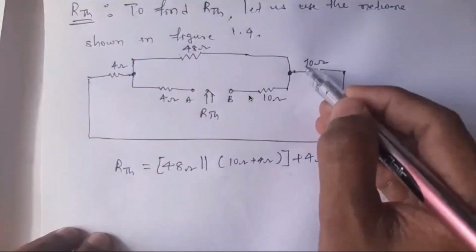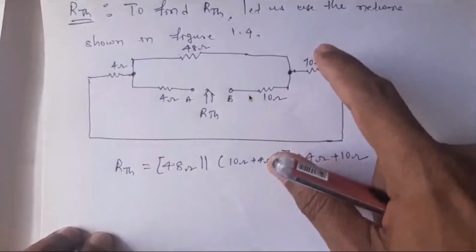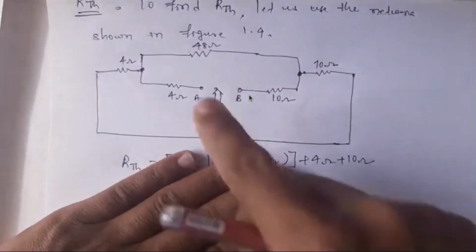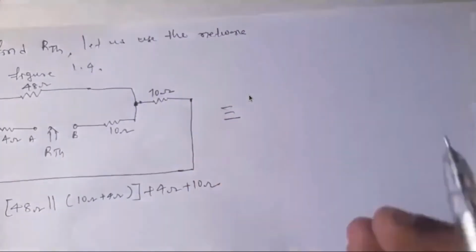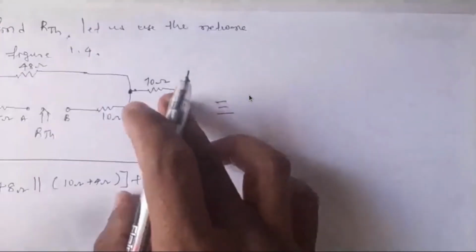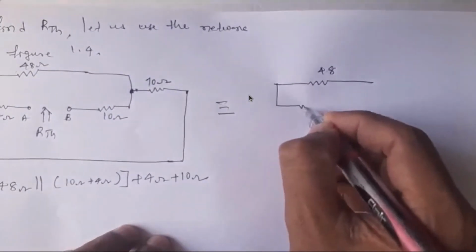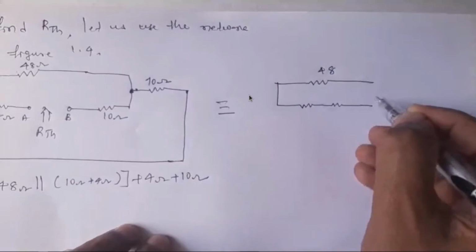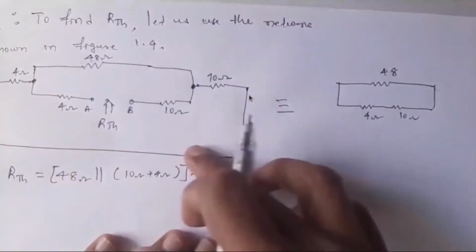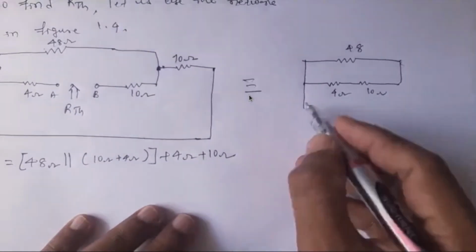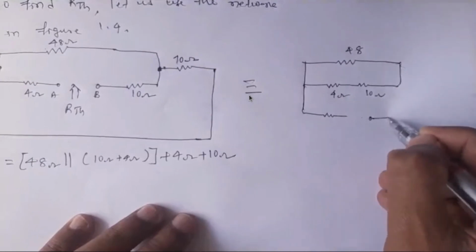Between these 2 points, you get 4 ohm here and 10 ohm here. Now, if I replace 48 ohm and this parallel combination 14 ohm by only one resistance, for your simplicity, I'll draw this. 48 ohm is something like this, and parallel with this, you will get 4 ohm and 10 ohm. In series with this, you have 4 ohm and here you have 10 ohm.